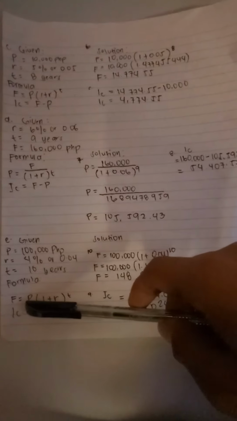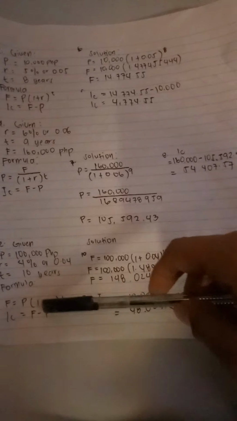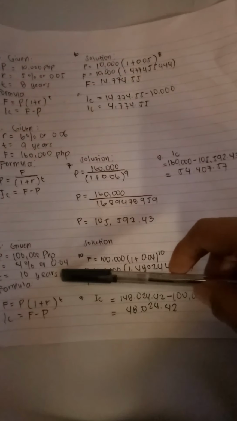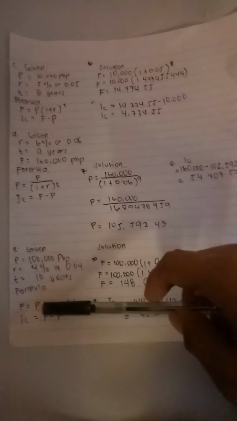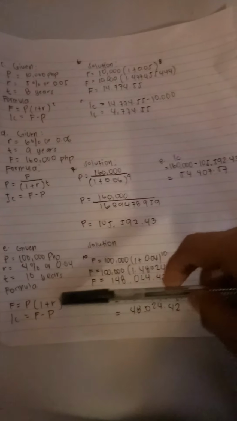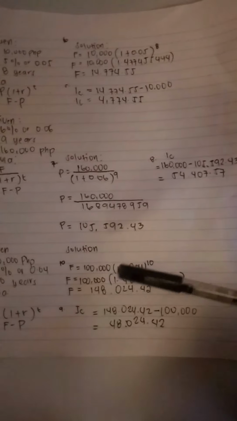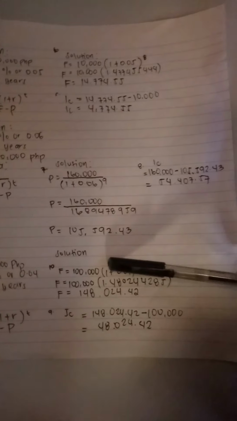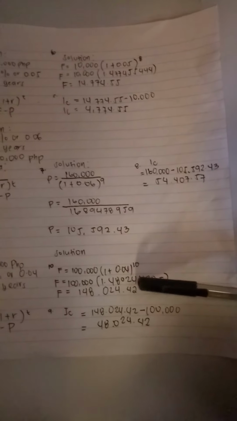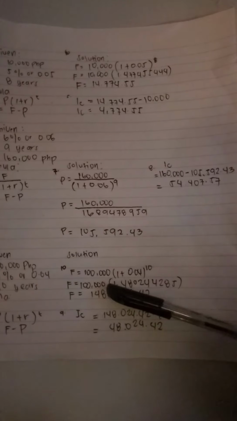For the formula of future value equals to principal open parenthesis 1 plus R close parenthesis over T. We have next naman is compound interest equals to F minus P. For the solution of future value, we have F equals to 100,000 close parenthesis 1 plus 0.04 over 10. Then bring down lang po yung 100,000.